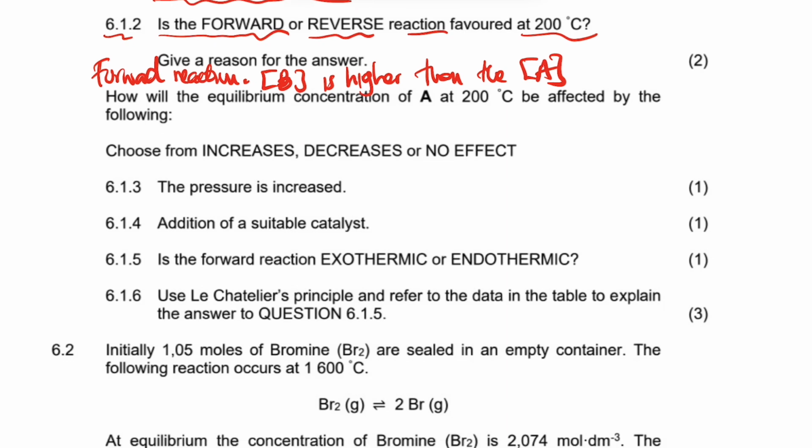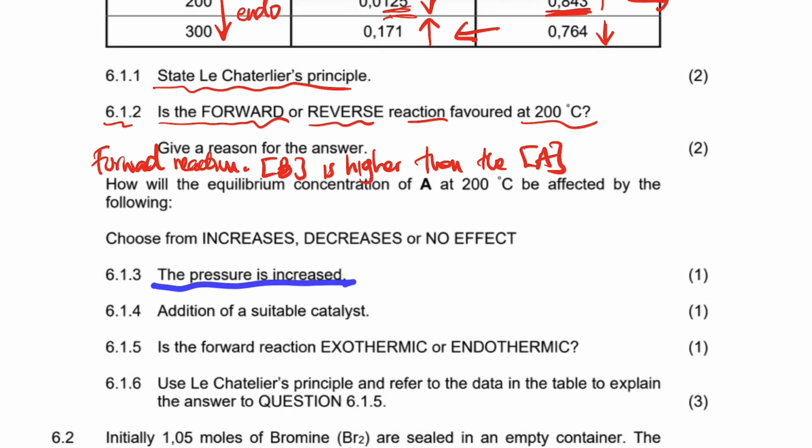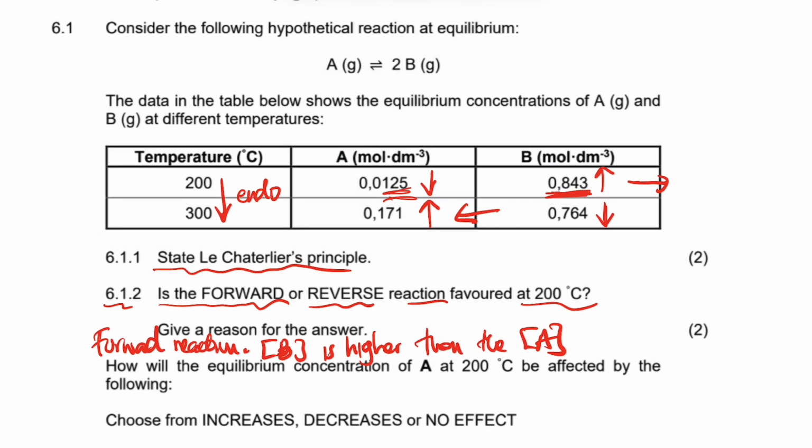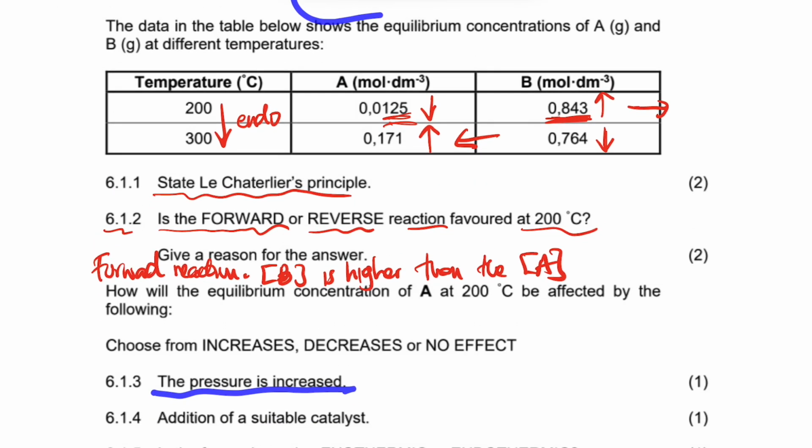Now it says how will the equilibrium concentration of A at 200 be affected by the following? Choose increase, no effect or decrease. If we increase the pressure, how will it affect the concentration of A?